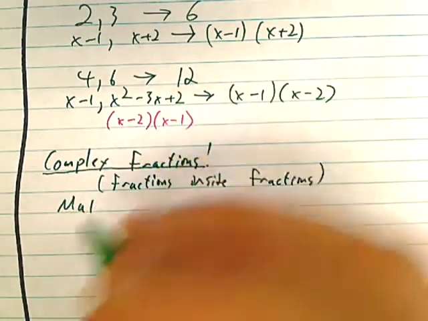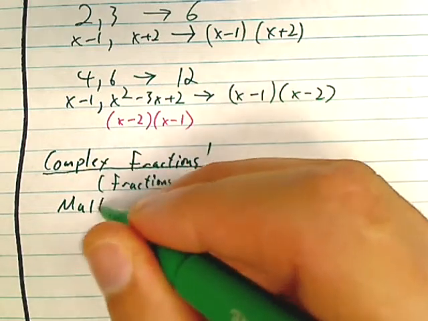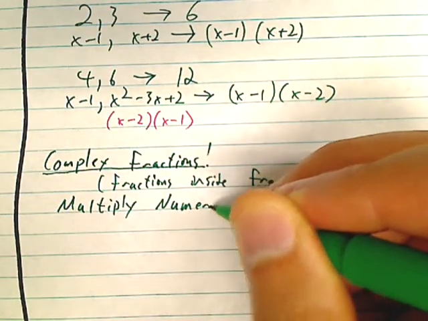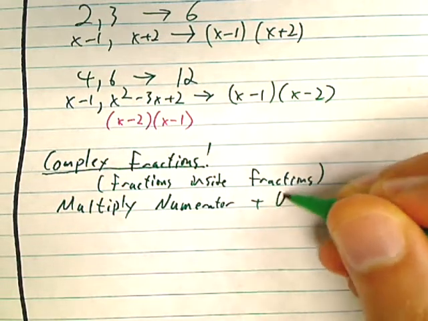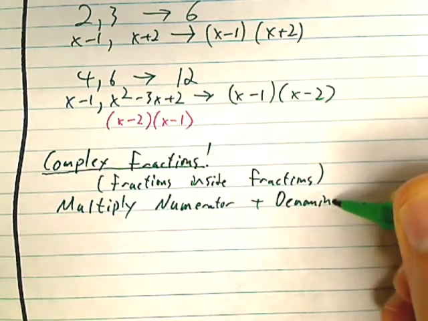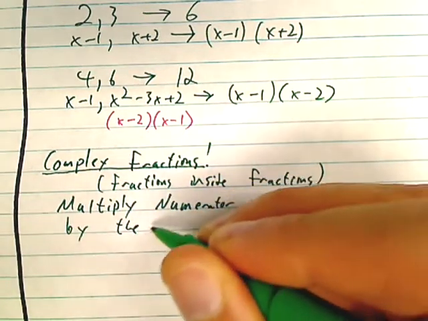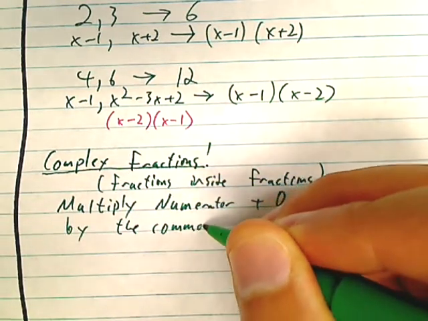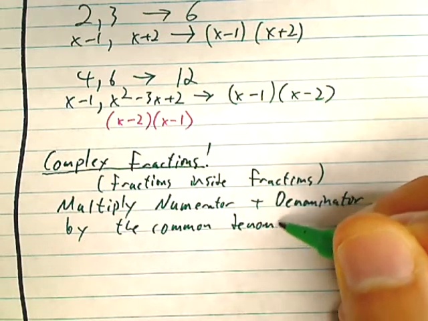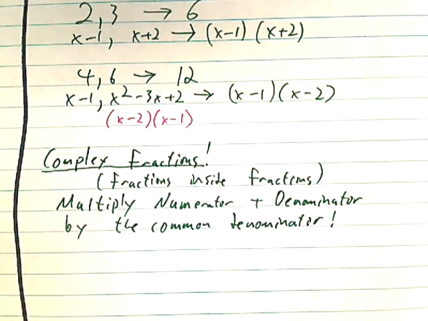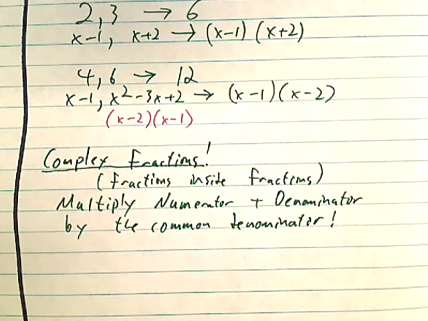This will make you feel like a wizard when you do this. Multiply numerator and denominator by the common denominator. Okay, and we'll see what that means when we actually get our hands dirty and look at one of those.